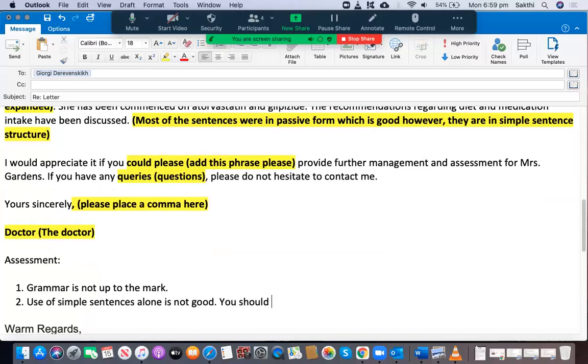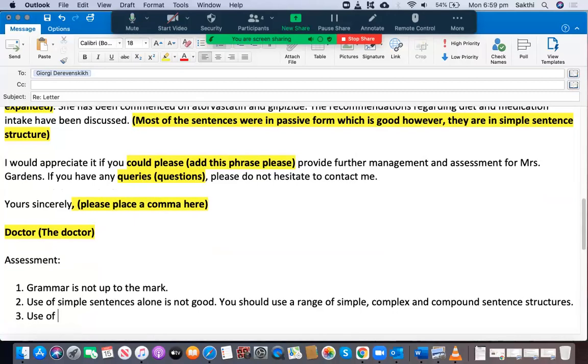You should use a range of simple, complex, and compound sentence structures in your letter. Use of prepositions, articles, nouns, and verbs could have been better.